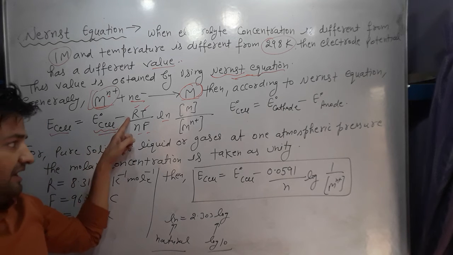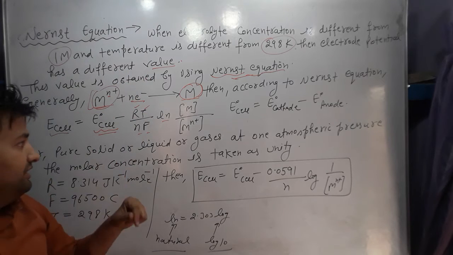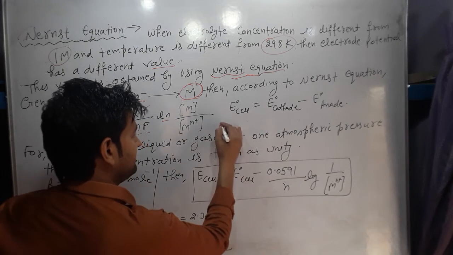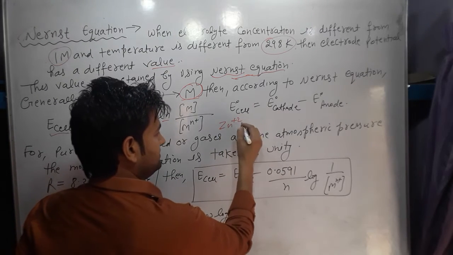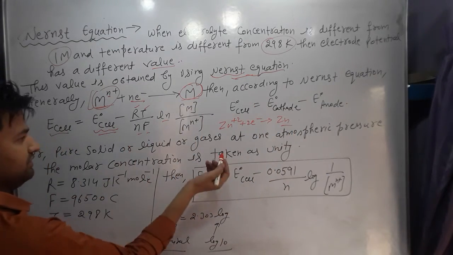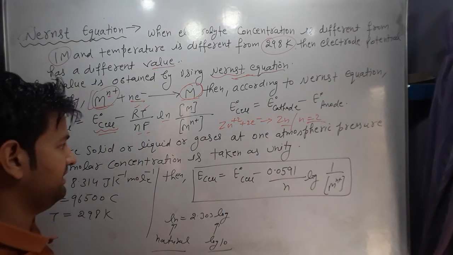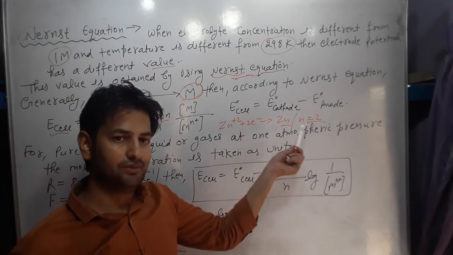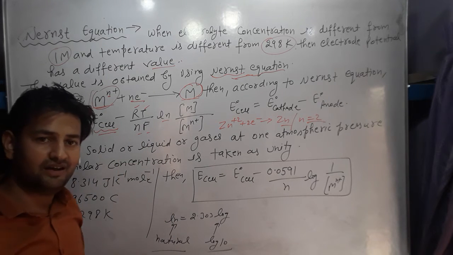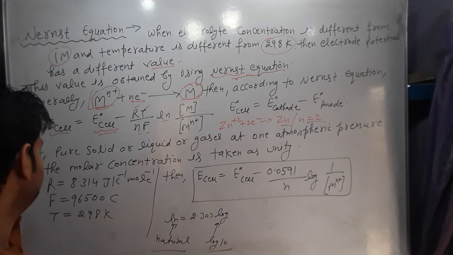Here R is the gas constant, T is the temperature at which the cell operates, and n is the number of electrons transferred. For example, zinc accepts 2 electrons, so the value of n is 2. In case of aluminium it is 3. It is different for different types of electrodes. F is the Faraday constant, the charge of 1 mole of electrons, 96500 coulomb.